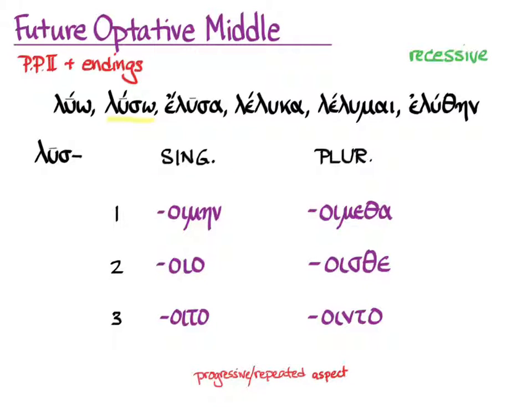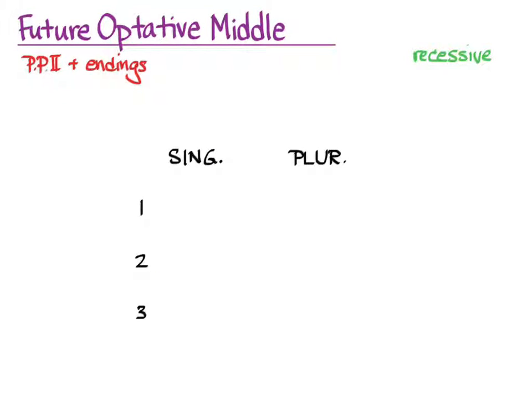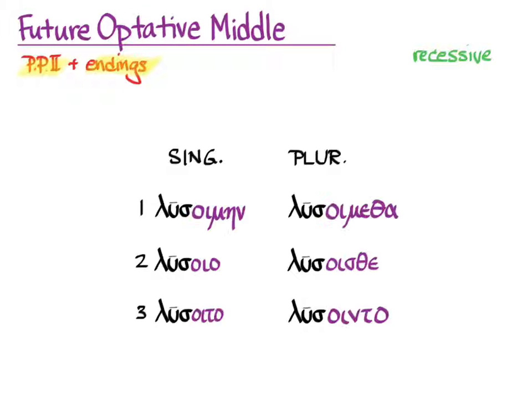And again, progressive, repeated aspect. So let's see what that looks like put together. Here are our stems put together with the endings. And with the recessive accent, we get lusoimen, lusoio, lusoito, lusoimetha, lusoisthe, and lusointo.